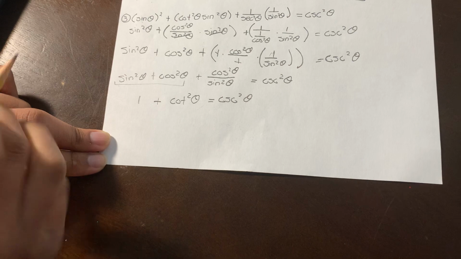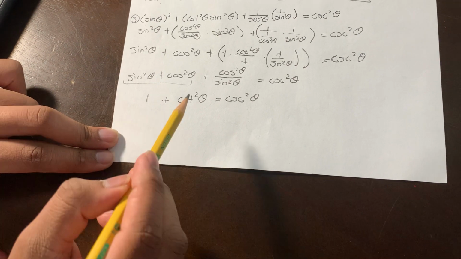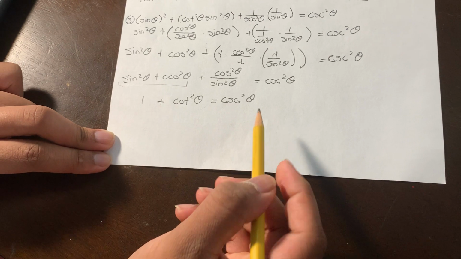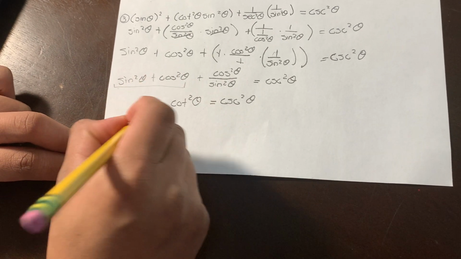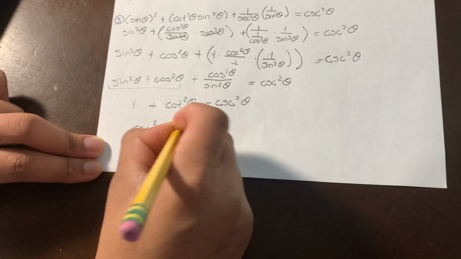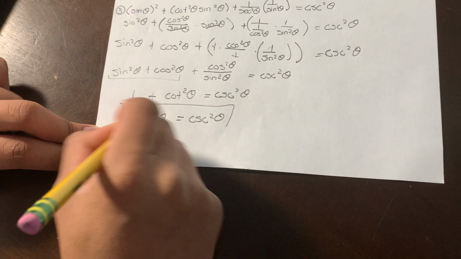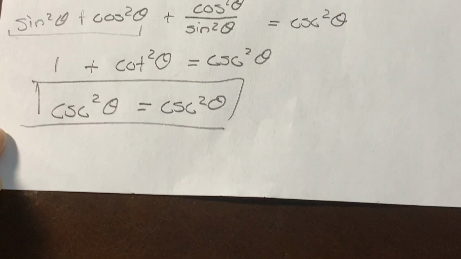That is our third identity, which says that 1 plus cotangent squared theta is equal to cosecant squared theta. And because of that, we have cosecant squared theta is equal to cosecant squared theta. That is our third identity and our last question.